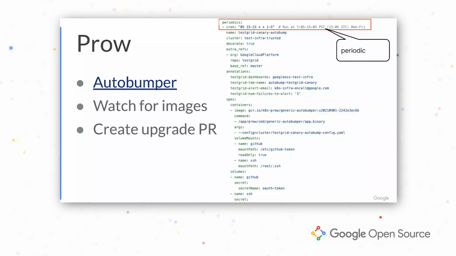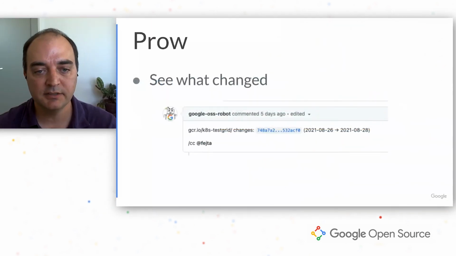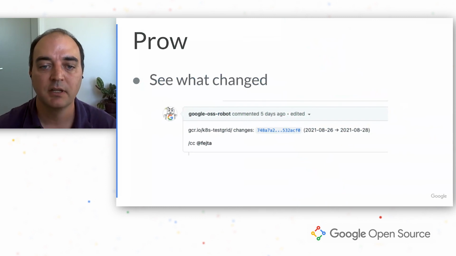You provide the configuration about what types of images it should be bumping, and then this will run, find any new images that exist, and automatically create a PR to update our images to use the new versions. It's nice because it makes it really easy to see what changed in our images between the last and current version.